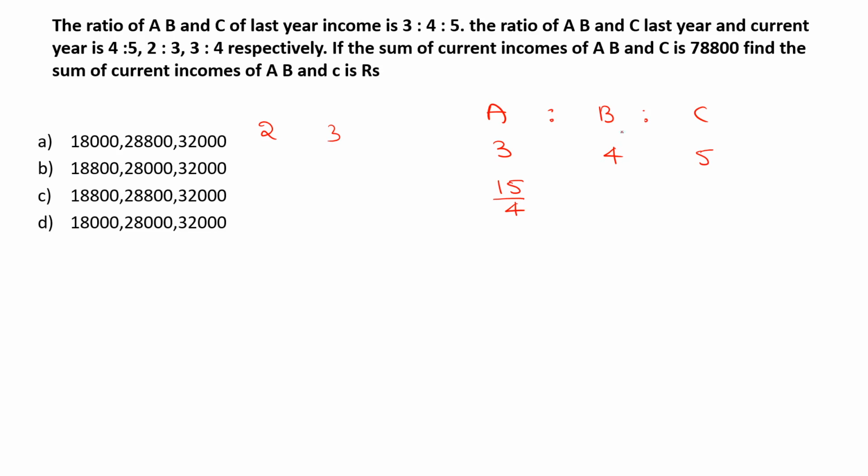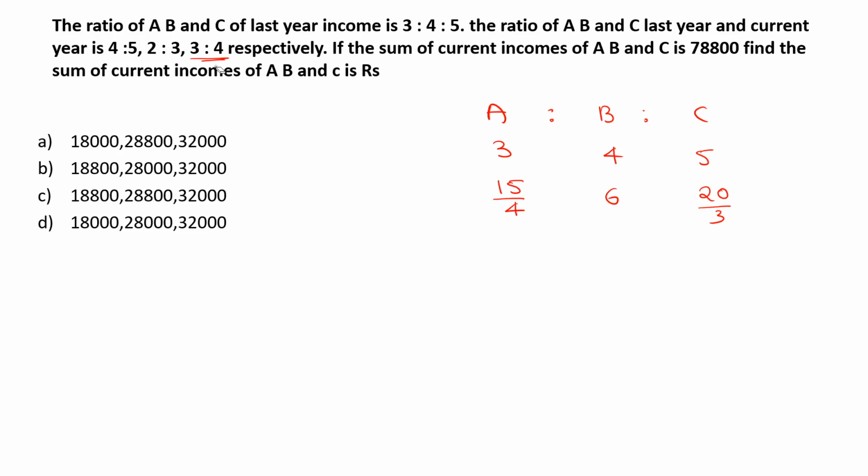What we assumed as the last year's income of B is 4 rupees. When 2 becomes 3, then 4 becomes 6. That means the value of B would be 6. In the same manner, when 3 becomes 4, 5 becomes 5 times 4 upon 3, that is 20 upon 3.